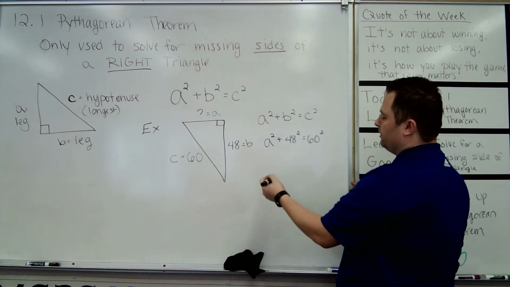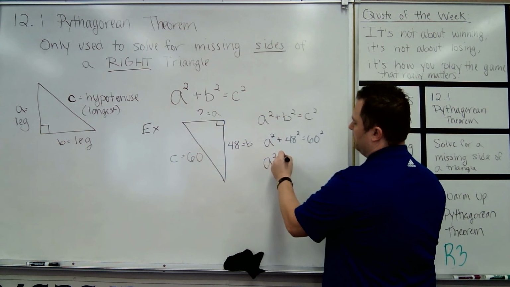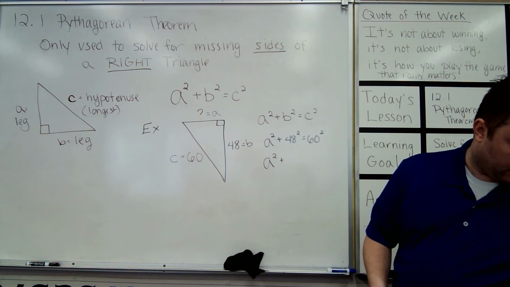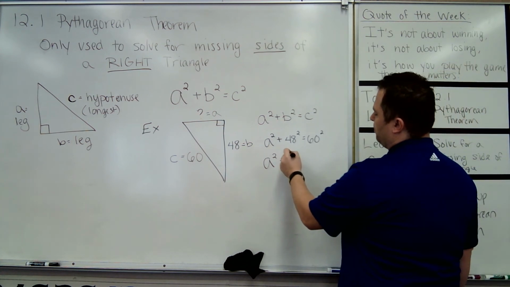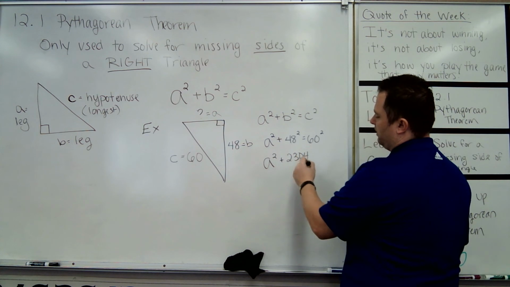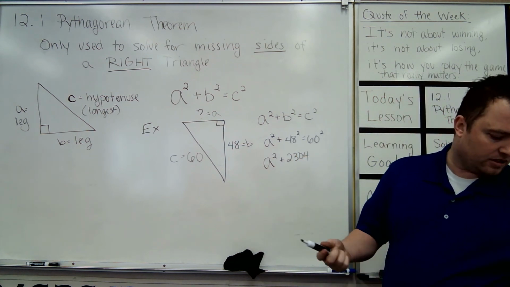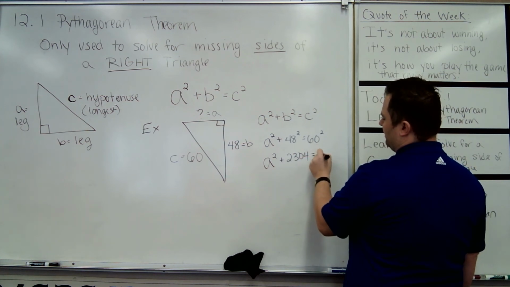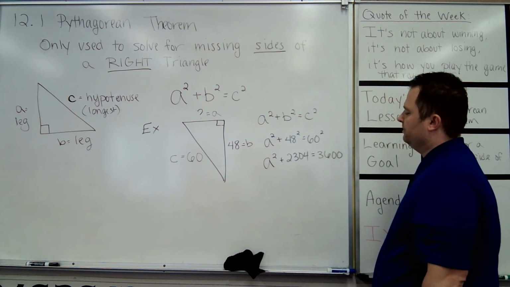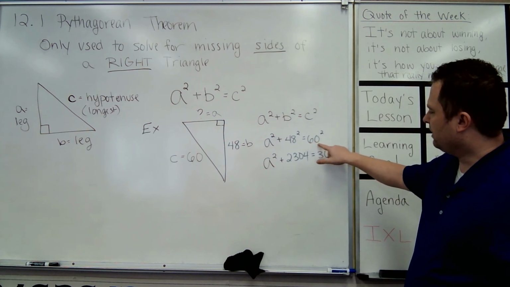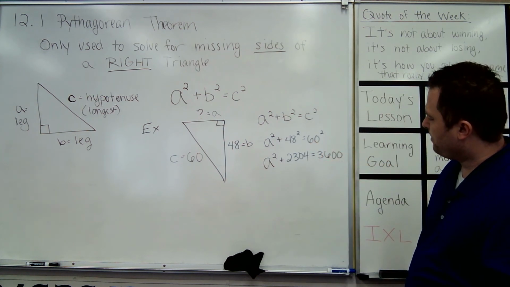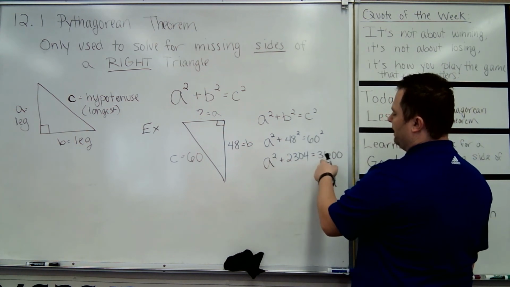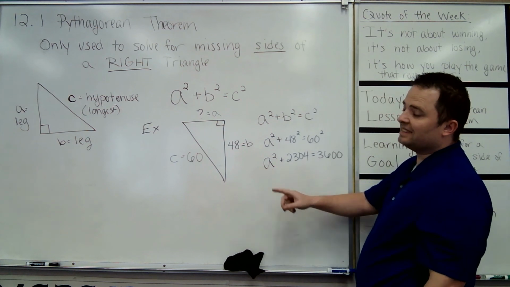Okay, so let's do some math here. A squared plus, now 48 squared is equal to 2304. It's a big number, but that's okay. Now 60 squared is 3600, right? 6 times 6 is 36 times 2 zeros. Okay, again, I have an unknown plus some number, and that's equal to 3600. And I want this by itself.